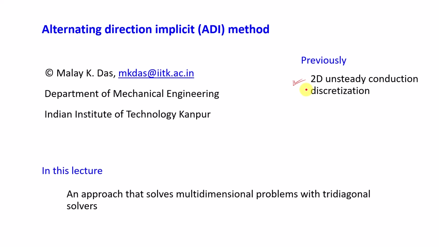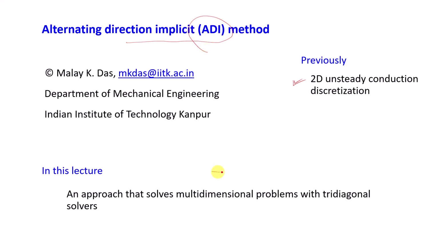Our goal is to preserve the zeros, which is not possible using direct methods such as Gaussian elimination. We always hope that there will be some method where we can use this tridiagonal matrix algorithm, or Thomas algorithm, for a multidimensional problem, and that is where the alternating direction implicit, or ADI, method comes in.